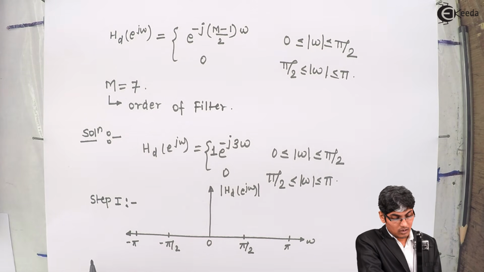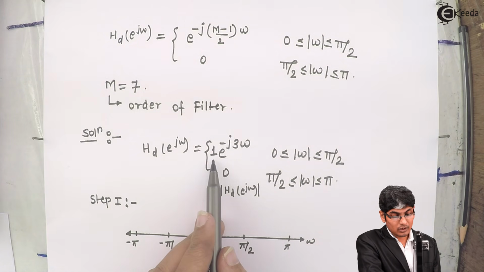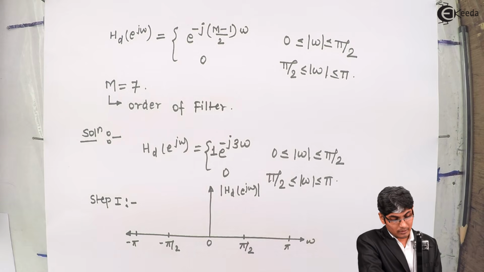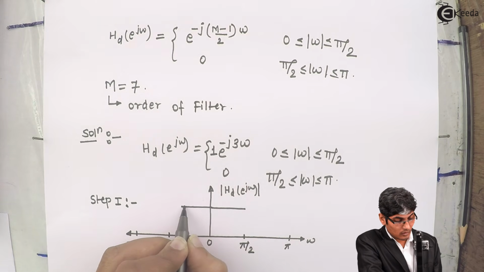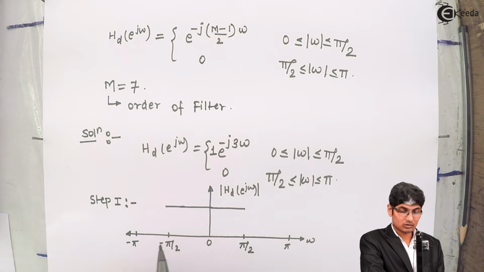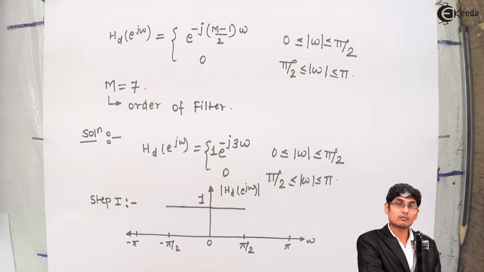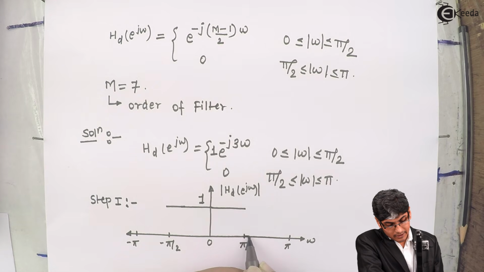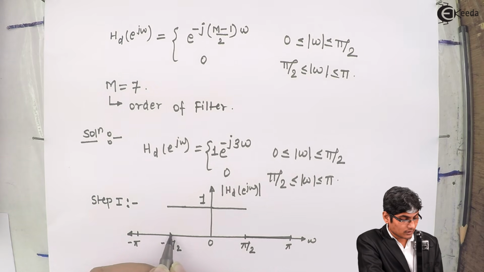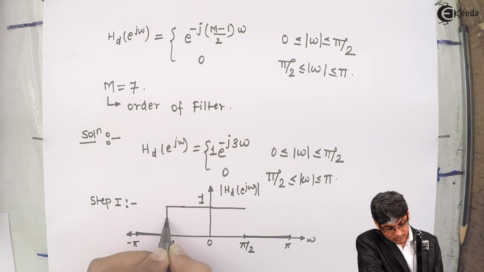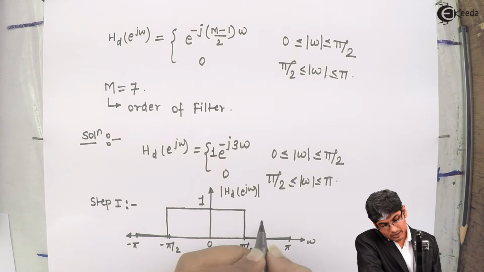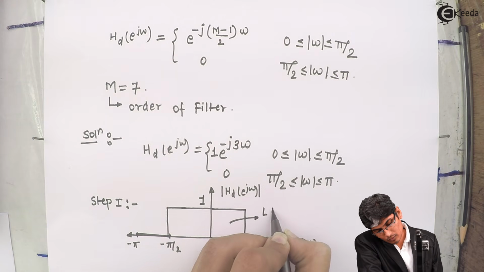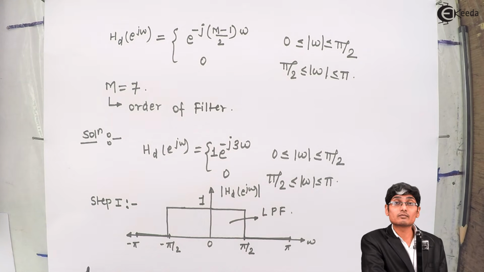Now the magnitude, that is 1, is for 0 to pi by 2. So 0 to pi by 2 here, 0 to pi by 2 there. So this is 1. From pi by 2 to pi, it is 0. So there is a transition at pi by 2. So we can say that it's a low pass filter.